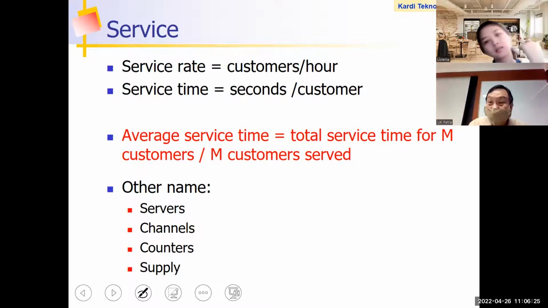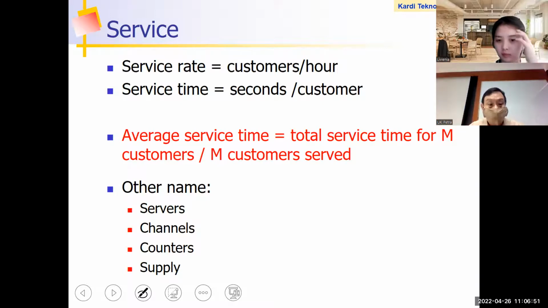Service time is the headway. Usually what you know is the service time, not the service rate. So what is service time? The total service time for M customers divided by the M customers being served.